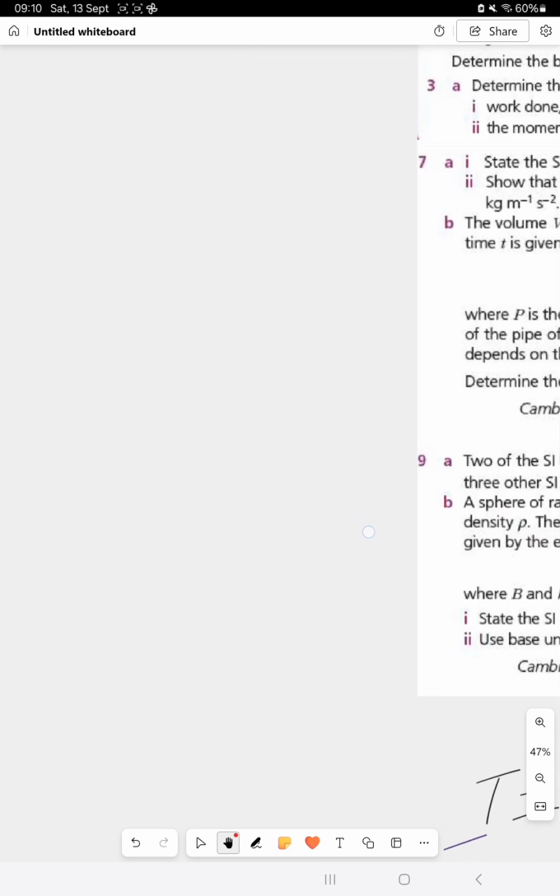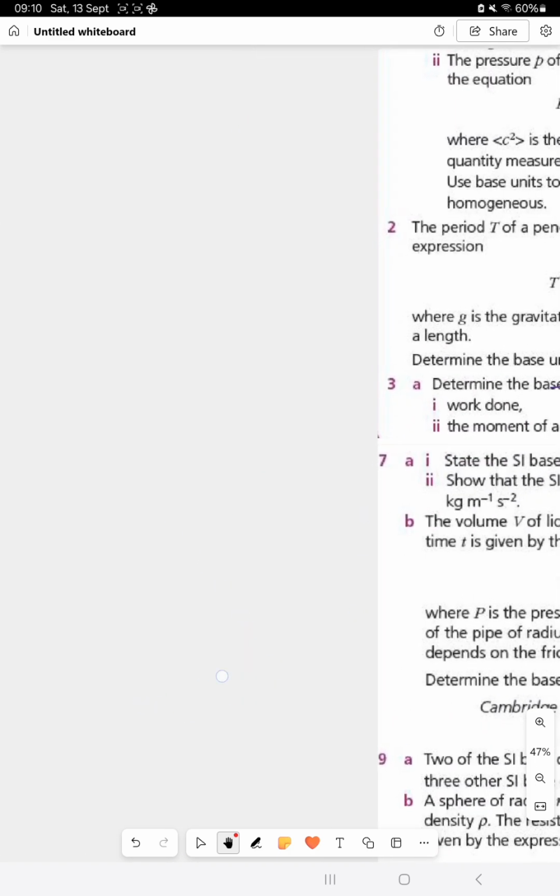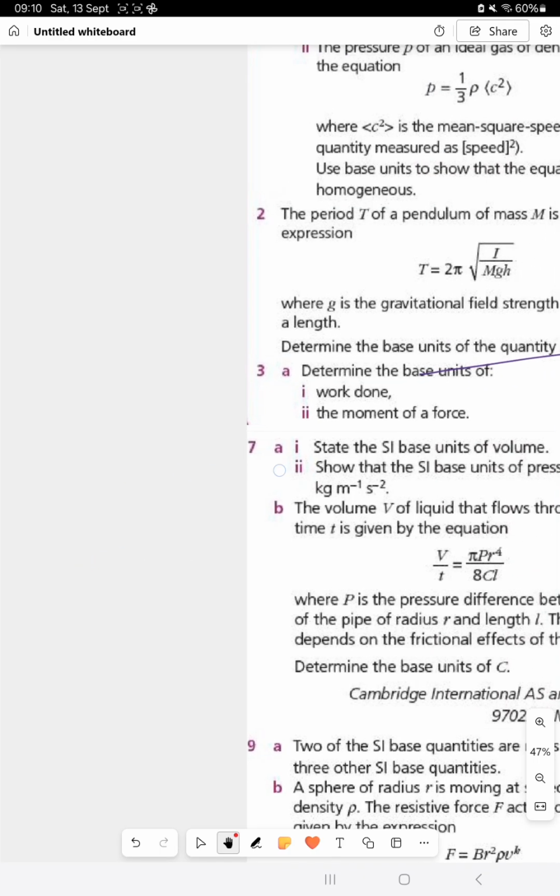Let me do this one here. In this question 7, the first one, we are saying the units of volume is meter cubed.